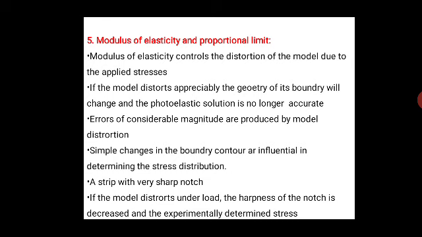Let us consider one example, a strip. That is a small strip with a very sharp notch, which theoretically will have a very high stress concentration at the root of the notch. And if the model distorts under loading conditions, the sharpness of the notch is decreased and the experimentally determined stress concentration is reduced.